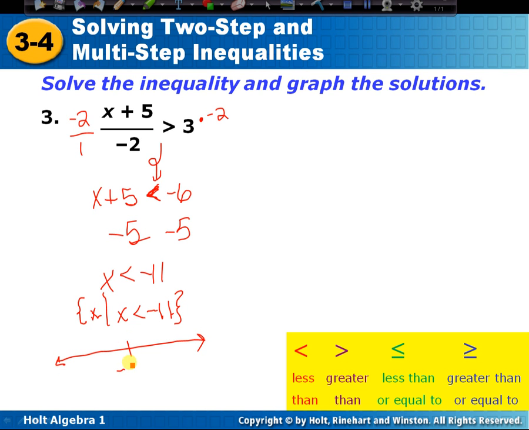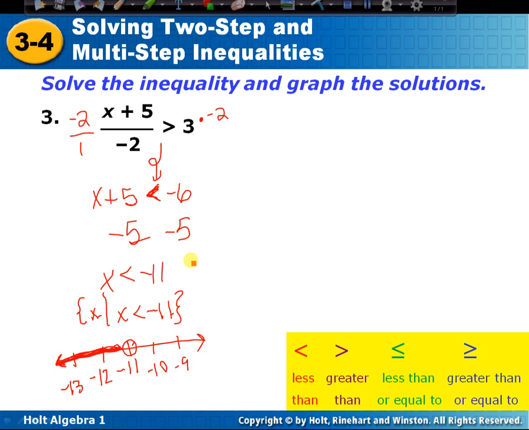Put my negative 11 in the middle, negative 12 down here, negative 13, negative 10, and negative 9. Now, because I do not have an extra mark underneath my inequality sign, it cannot be equal to negative 11, so I'm going to circle it. And I'm going to shade everything that is less than negative 11.